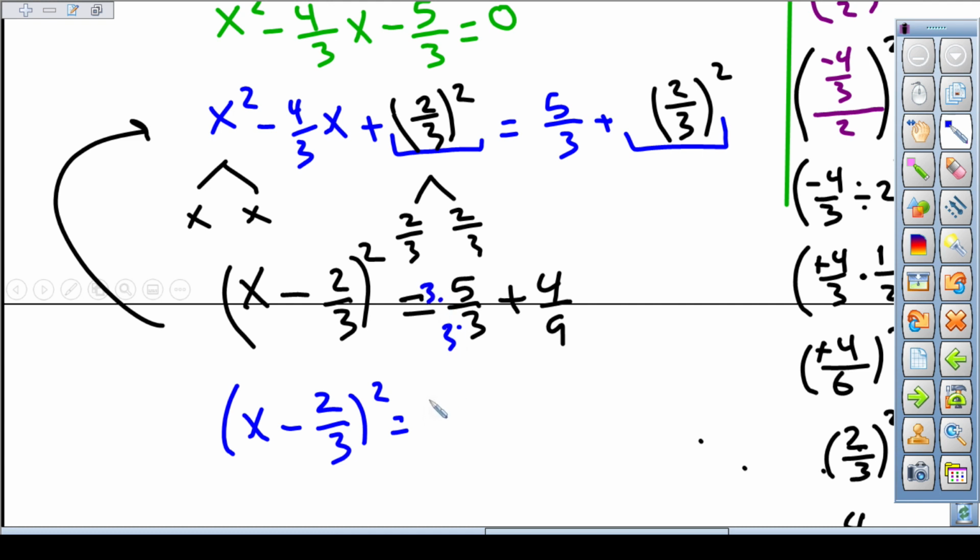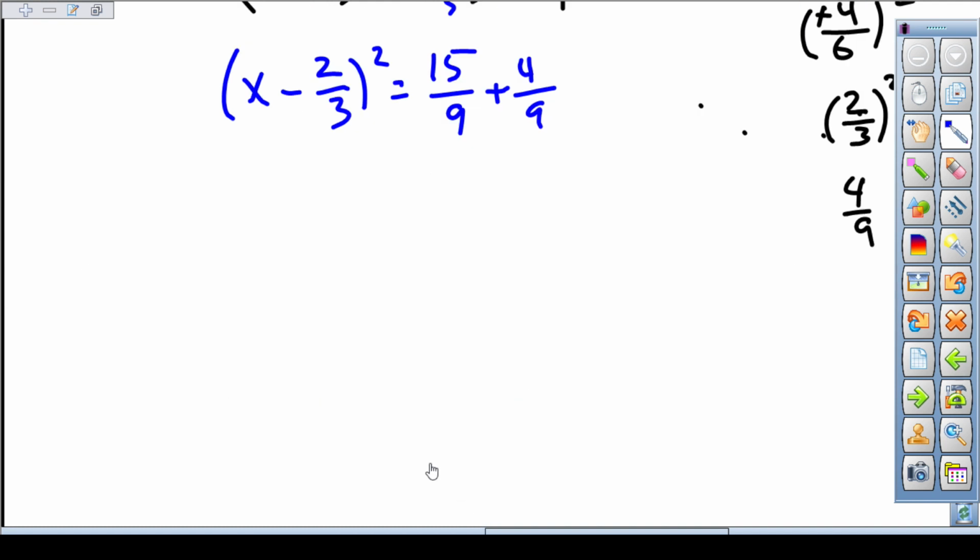That's going to give me a 15 over 9 plus 4 over 9. All right, let's keep going. Be patient here. And this means I've got myself x minus 2/3 squared equals 15 plus 4. That's a 19 over 9.